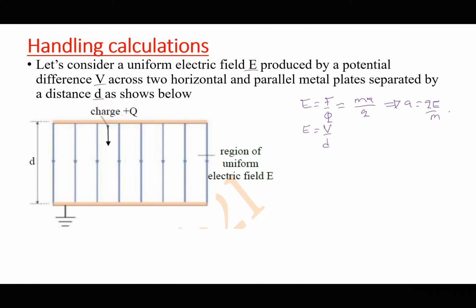If I consider the expression E equals V over d, you will realize that the acceleration in this case could be given as qV over m times d. Note that this capital V is the potential difference between the plates. So we shall need to play around with these concepts in our calculations. Example.